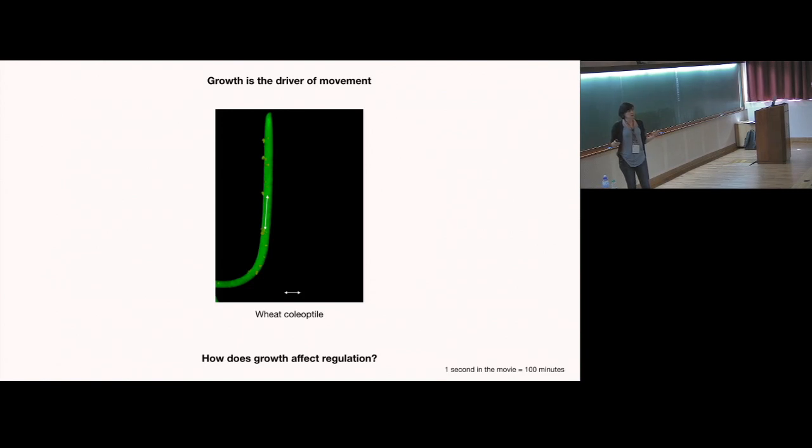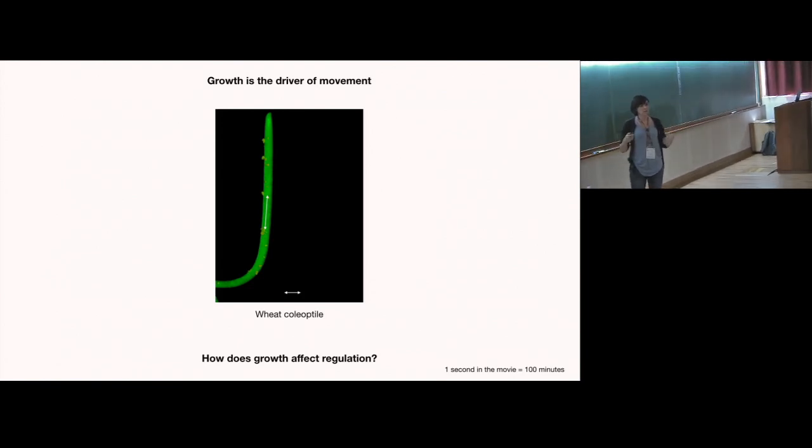So if before we were considering all the dynamics of this movement, I think this really drives the point home that growth is not only the driver of these movements, but it also has a very big effect on the morphology that we're seeing.